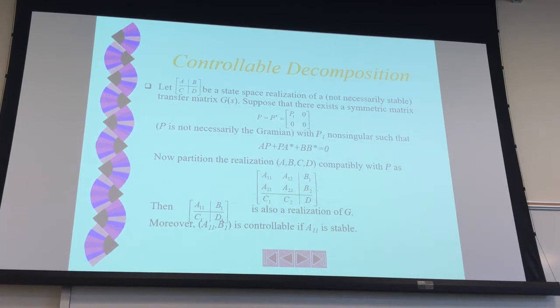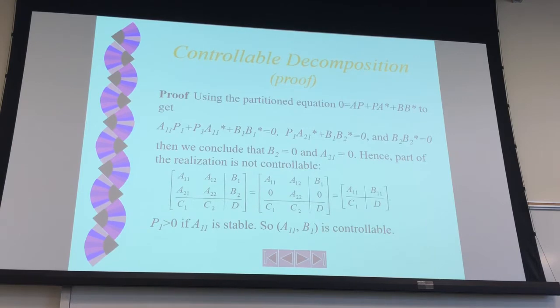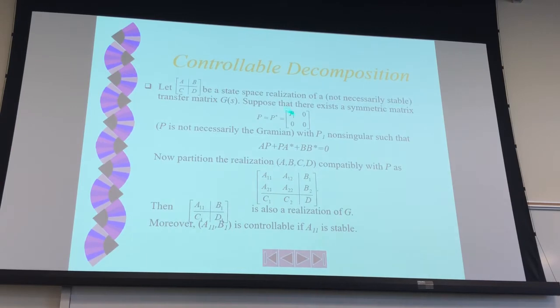So that's a partition of the A matrix by using this type of P. How can we prove that? There is a one-page proof. If you insert the partitioned A matrix in there, you get a Lyapunov equation in terms of A11 and P1, because we are using P1 here and the other blocks are just zeros.